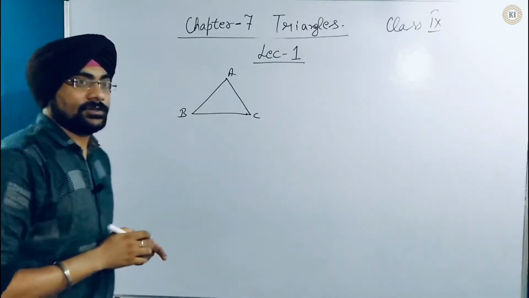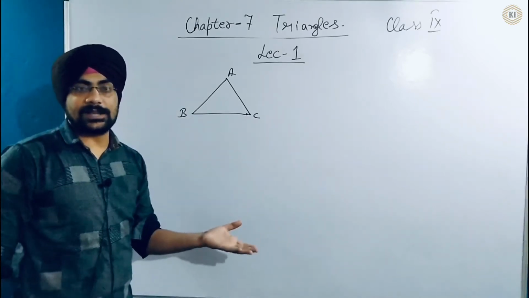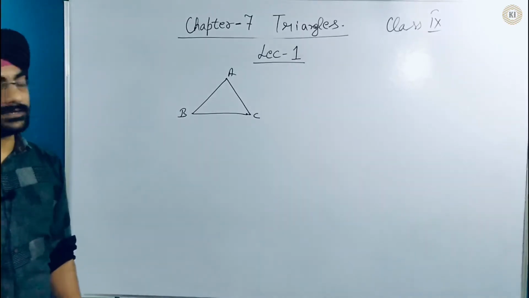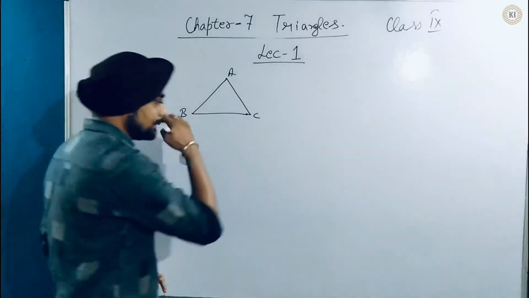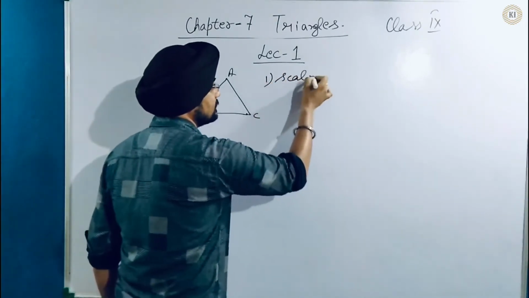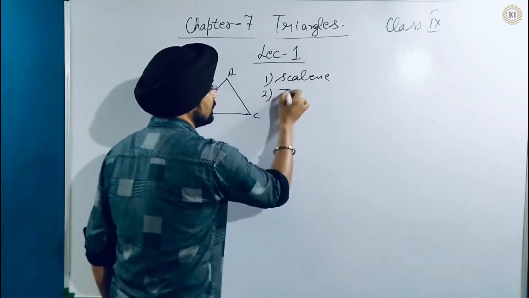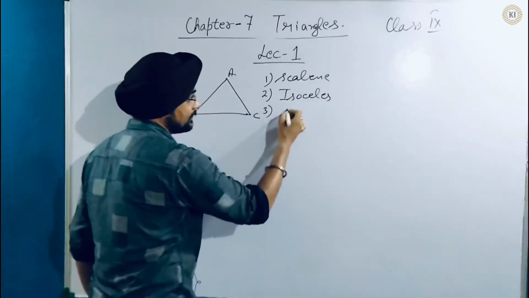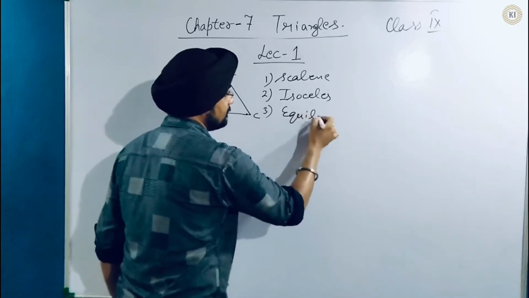So based on the sides, triangles are of three types, and based on the angles, triangles are of three types. So based on the sides, triangles are scalene triangle, isosceles triangle, and equilateral triangle.